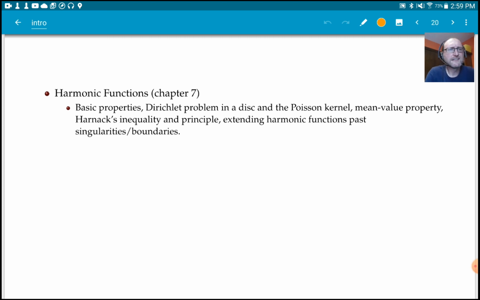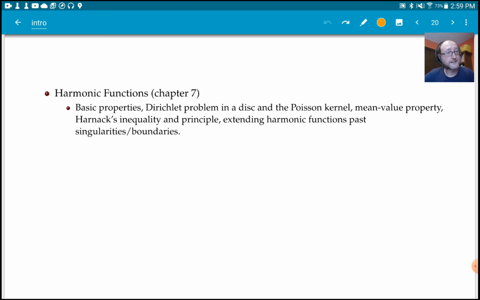A lot of times that would be maybe the end of the first semester of complex analysis. Then you go more into harmonic functions. The way they come up here is that they're the real and imaginary parts of holomorphic functions. They're functions that satisfy a partial differential equation, the Laplace equation: the Laplacian of the function is 0.